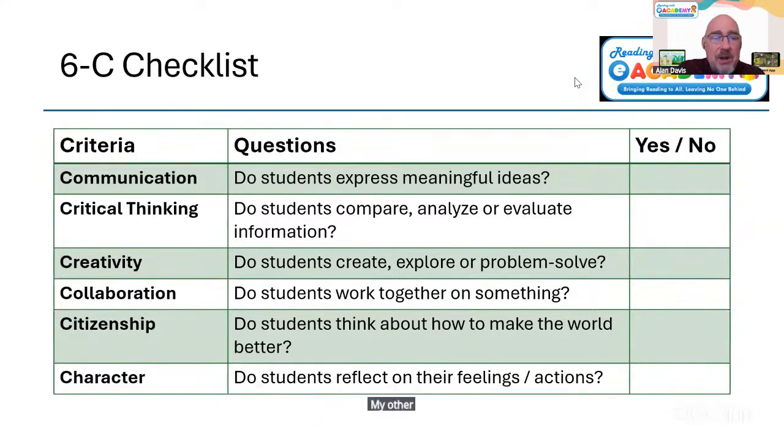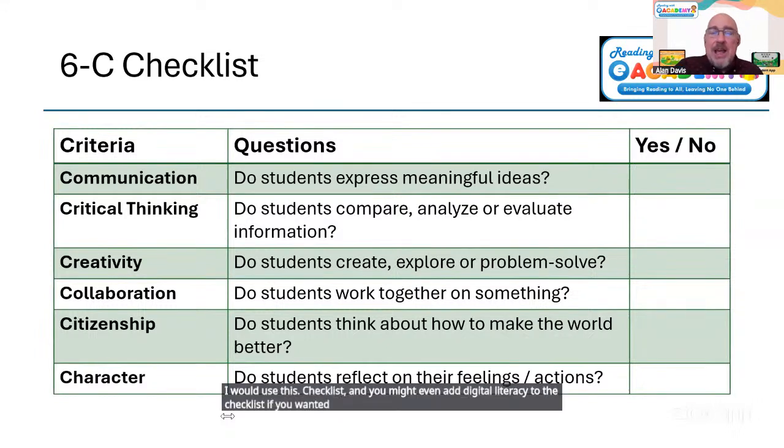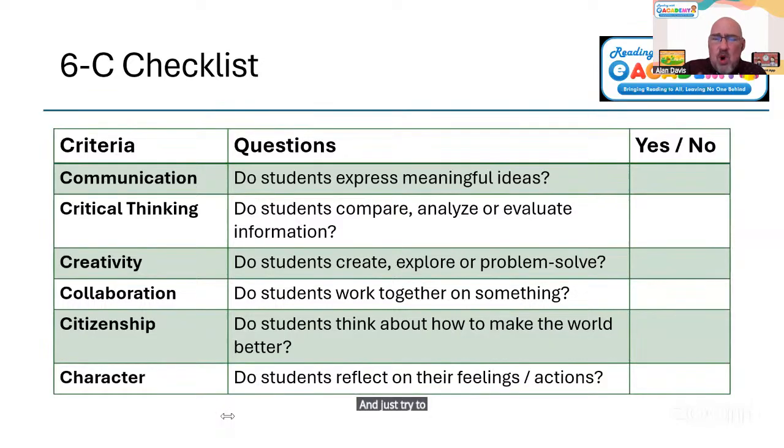My other question I really wanted to answer is how to balance drill-based learning with deep learning. I would use this checklist, and you might even add digital literacy to the checklist if you wanted to, and just try to add at least one or two components to a drill-based lesson, right? So when you're doing a drill, ask yourself, are they communicating meaningful ideas?